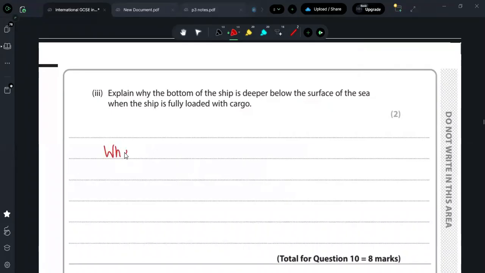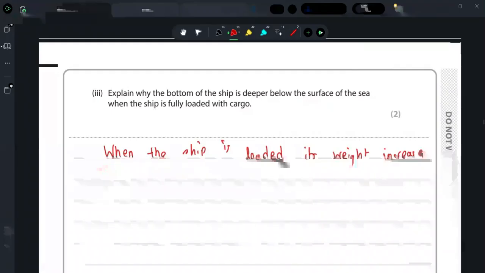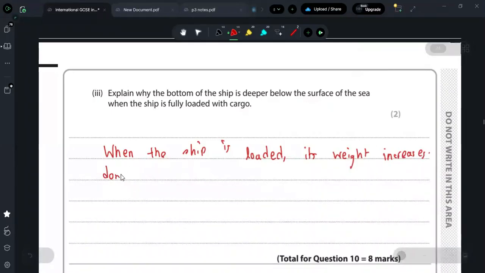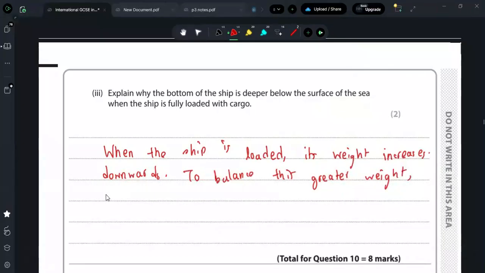when the ship is loaded, its weight increases downwards. To balance this greater weight, a larger upthrust is needed.